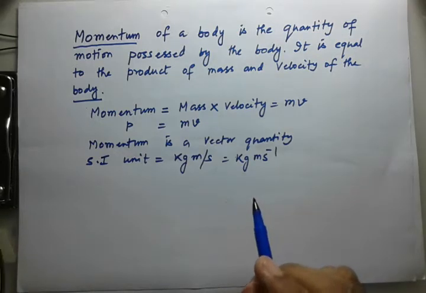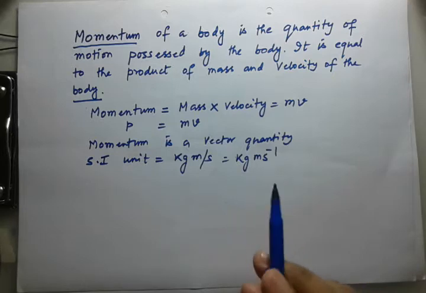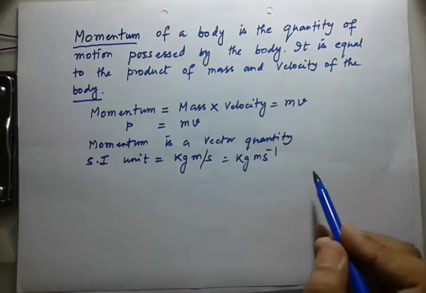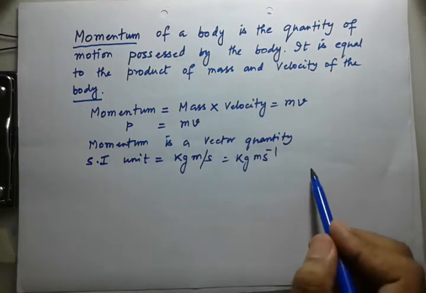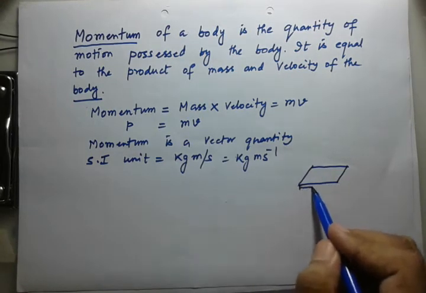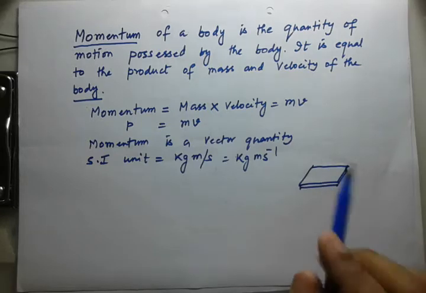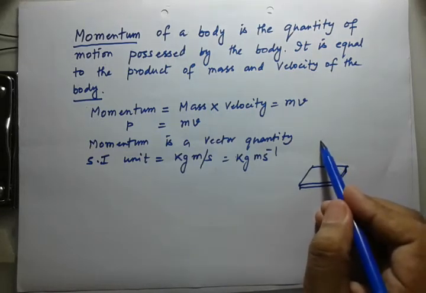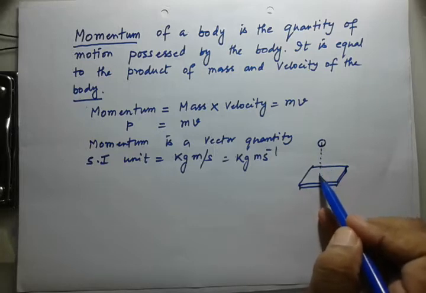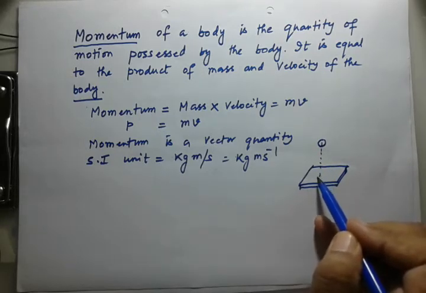Another example I want to give: suppose we take a small piece of glass, a piece of mirror. Now if I drop a small ball made of cotton, when this ball comes and hits the mirror, what will happen?